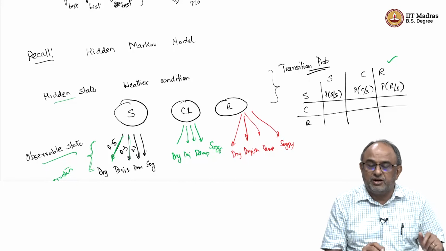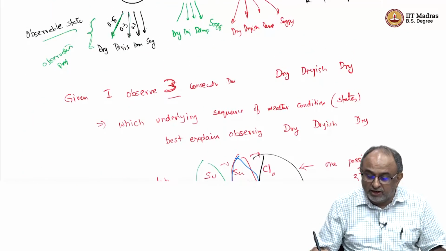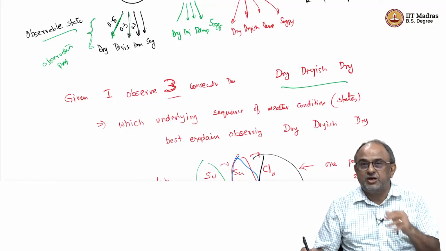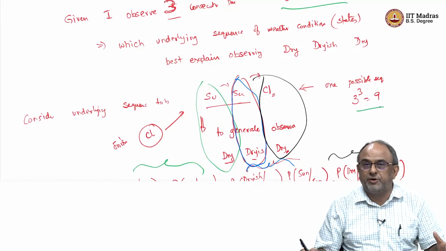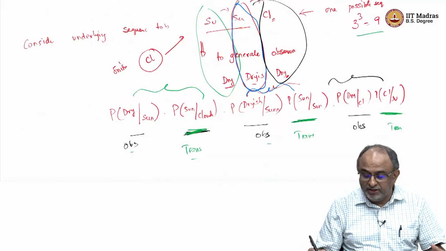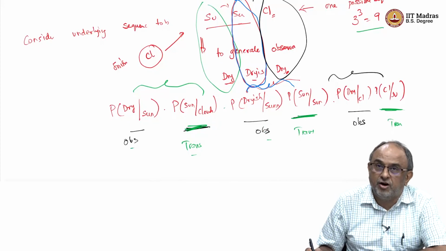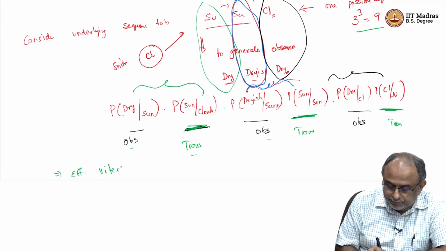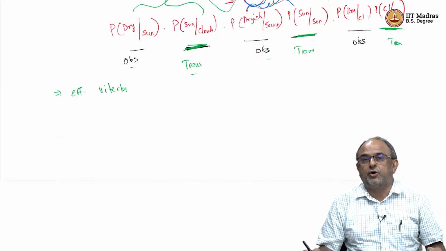That is something that I figured out, okay. And then we can start finding out, given the observable states dry, dryish and dry, I look at all these combinations, 3 raised to the power of 3 combinations, and find the maximum, and this we can do efficiently by the idea of Viterbi, right. So, we are going to use Viterbi efficiently. Now, this is just a recollection of what we did before.